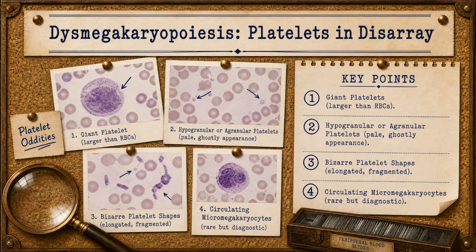Your meticulous observation of these platelet features, their size, granulation, and the presence of circulating micromegakaryocytes, is absolutely essential for diagnosing dysmegakaryopoiesis in MDS. It's another piece of the puzzle that helps paint a comprehensive picture of the underlying bone marrow disorder. Next, let's take a closer look at those fascinating circulating micromegakaryocytes.